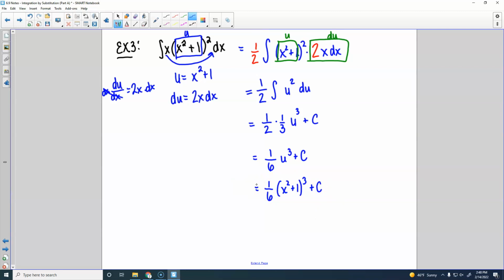Yes? How can you tell the difference between this and the problems we've been doing before? How do you know not to plug the u in at the first step?